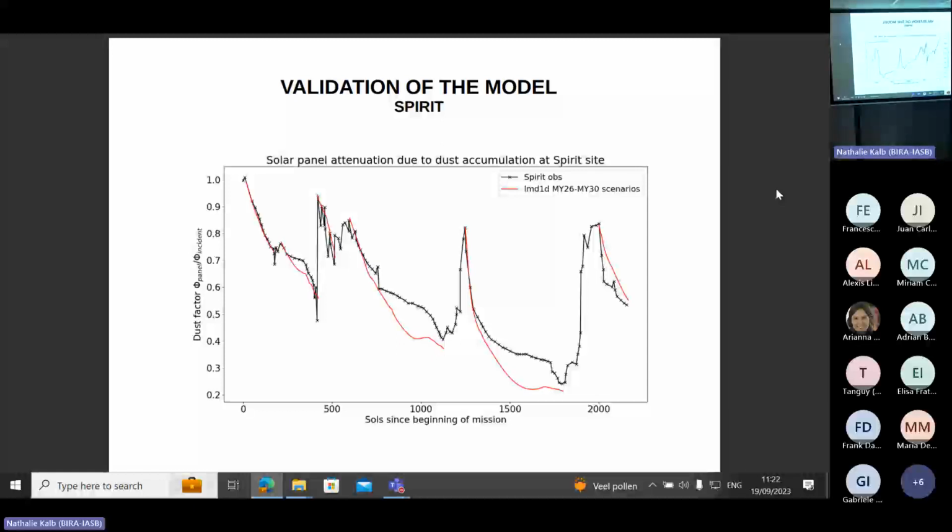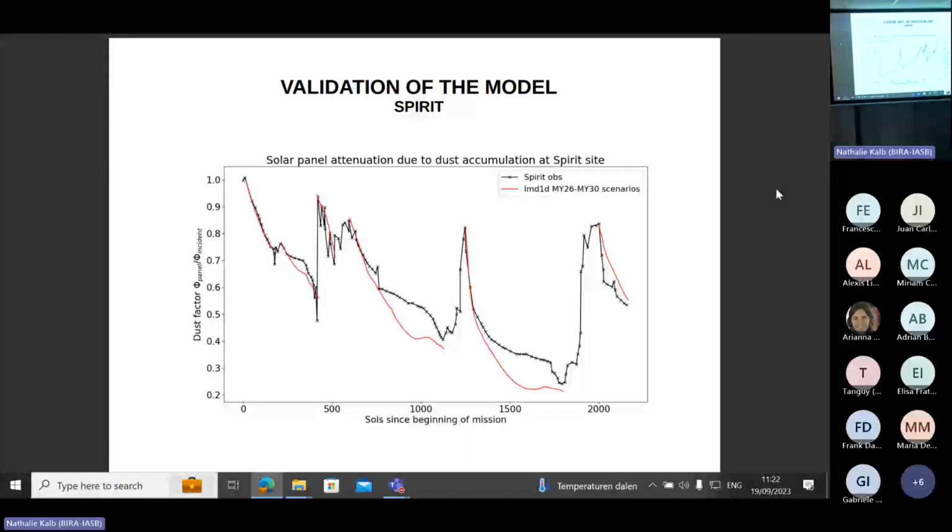But the problem is, of course, that what we really measure, called phi panel here, is the incident solar flux on the panel. And we don't have access to the solar flux above the dust layer that has accumulated. So this dust factor depends on this flux, and this flux must depend on a model to which we don't have access to the details, and which must calculate the attenuation of the atmosphere.